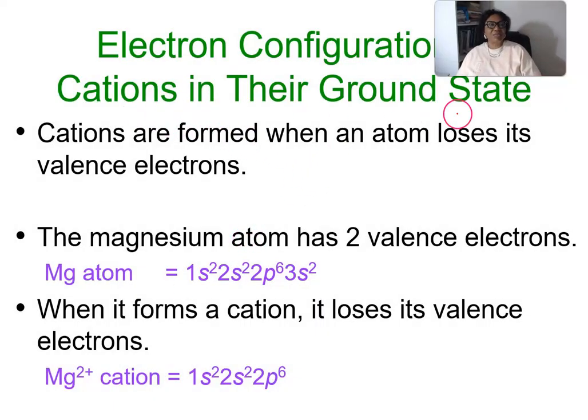Let's look at electronic configuration of cations in the ground state. Cations are formed when an atom loses its valence electrons. The magnesium atom has 2 valence electrons. And when it gives these valence electrons, the cation becomes like that of neon, which is much more stable than when it has 2 electrons in a subshell in a principal energy level.